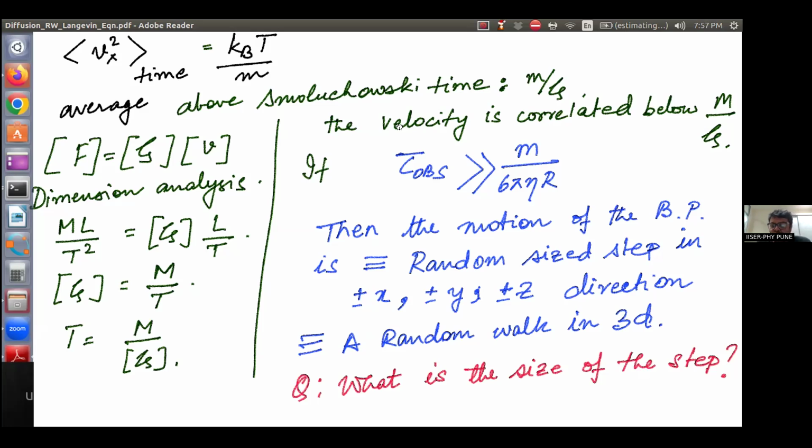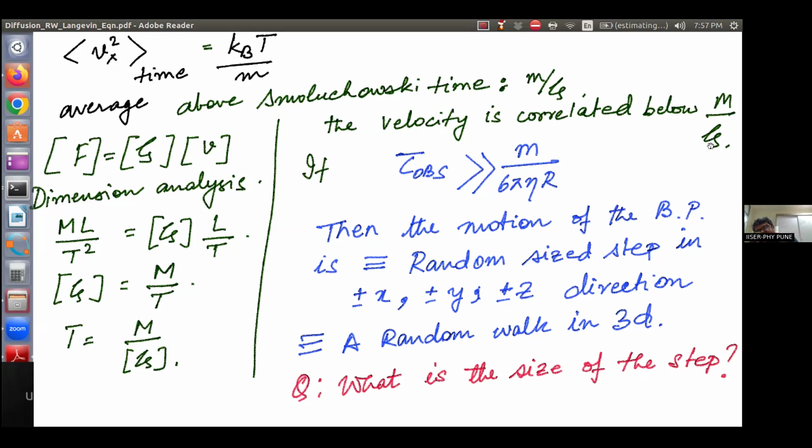So, if you look at a time which is less than m by zeta, where zeta is 6 pi eta r and m is the mass of the colloid, then you will see that the velocity is correlated. You will see that the particle is moving in the same direction for some time and then slowly it is changing direction. So the velocity is correlated below the m by zeta time.